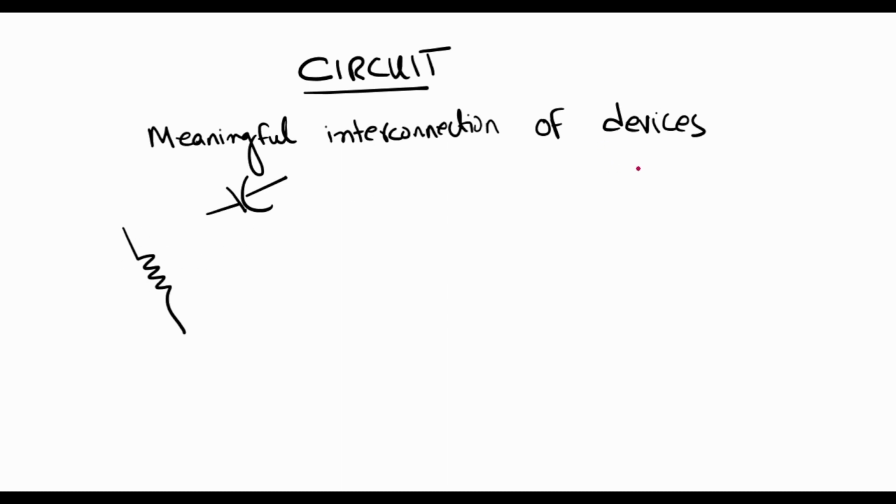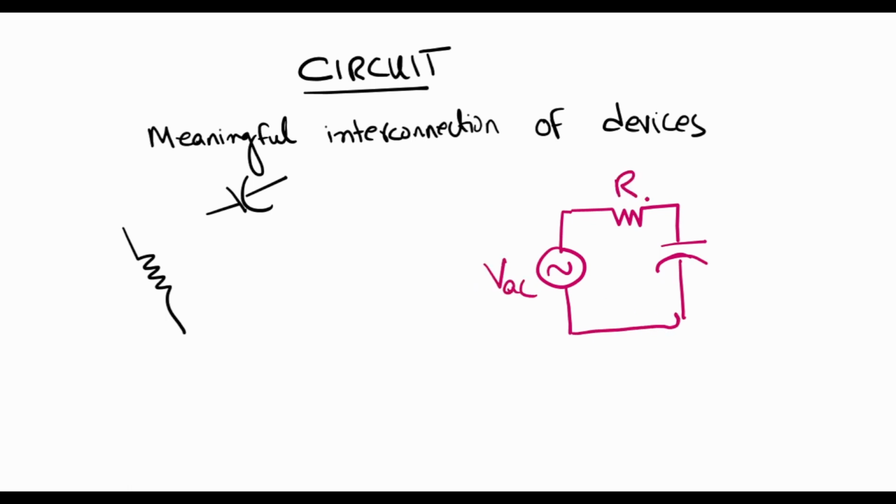In order to make a circuit out of it, I can have a resistor connected to a capacitor, and then this is connected with an AC voltage at the input, VAC.